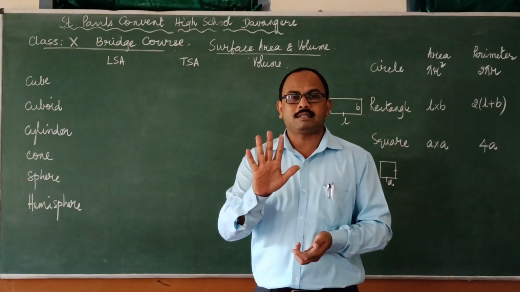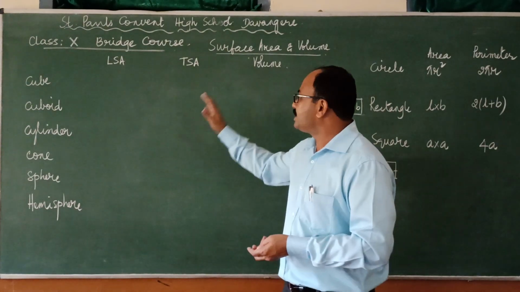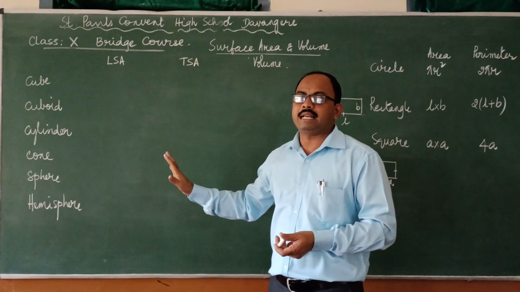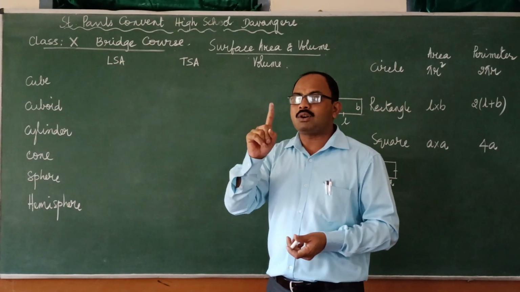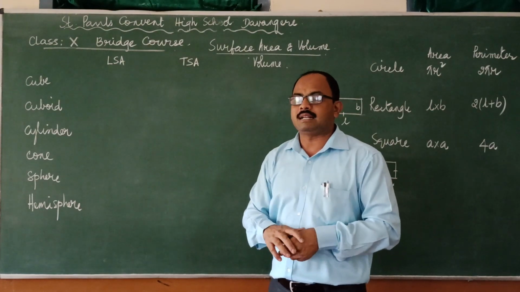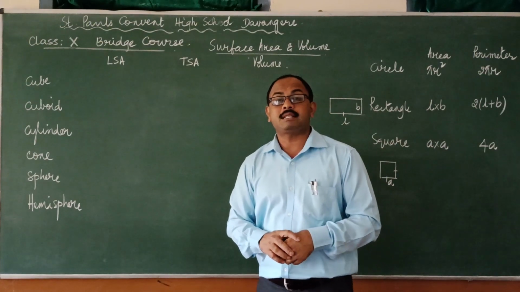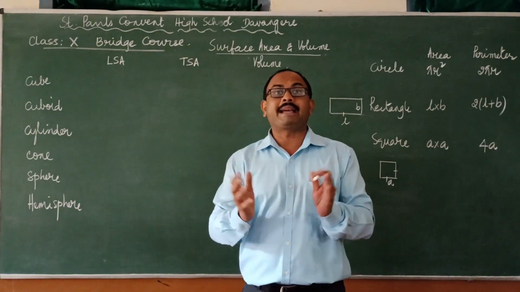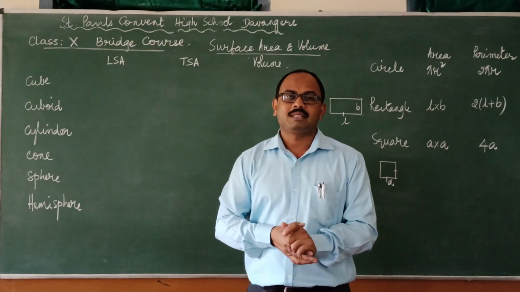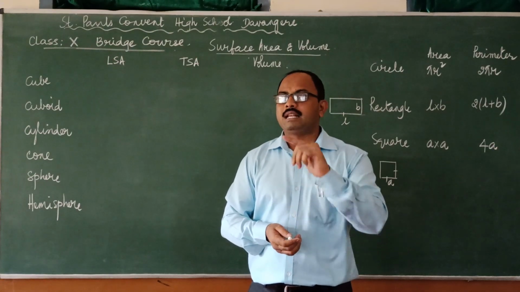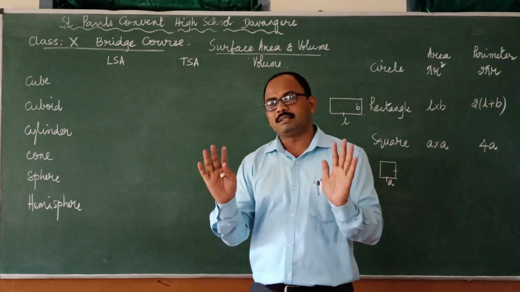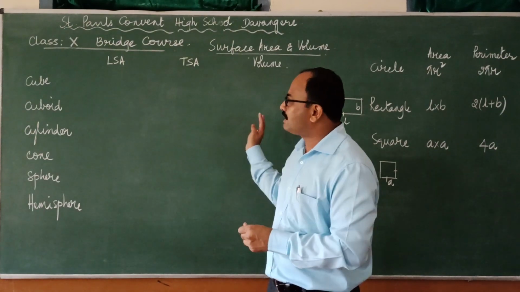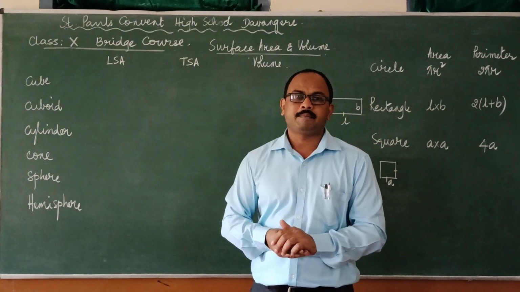Okay, these are all the things that you have learned in your 9th standard. Only one concept comes newly into 10th standard. We call that frustum. It looks like a bucket, children. So if we learn only this one part, then the syllabus of 10th standard will be covered, including this.